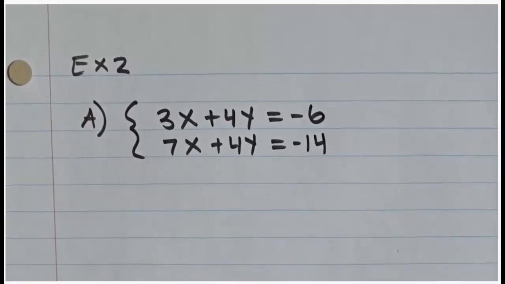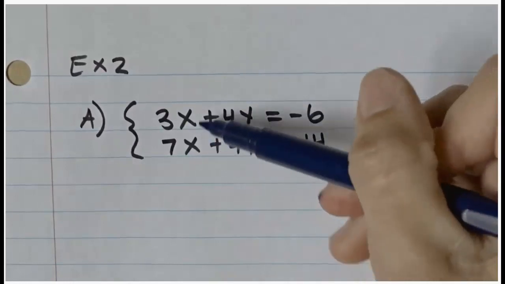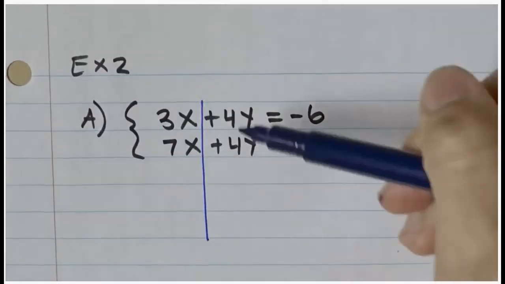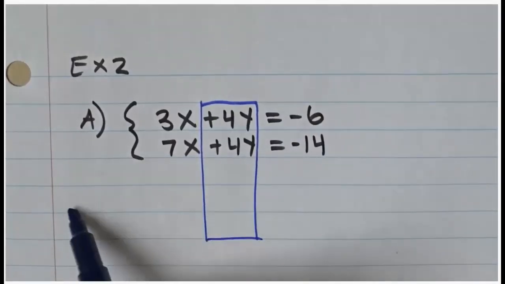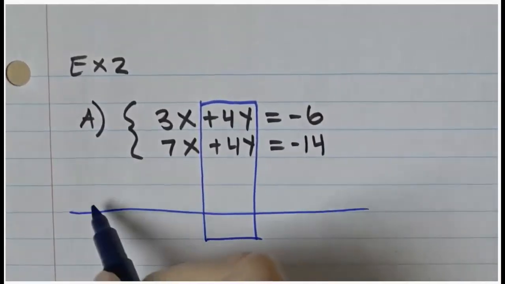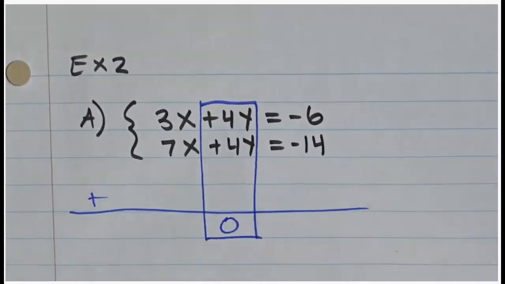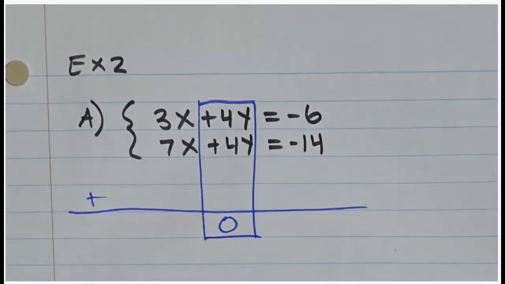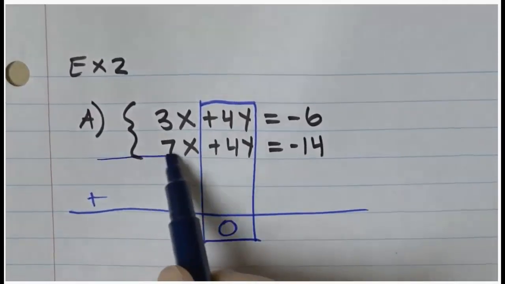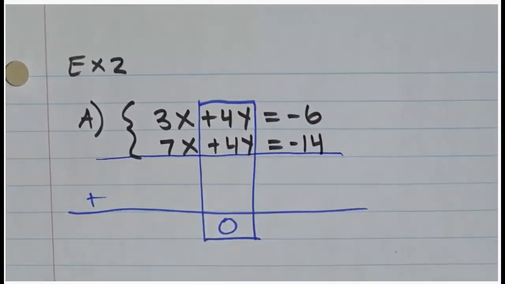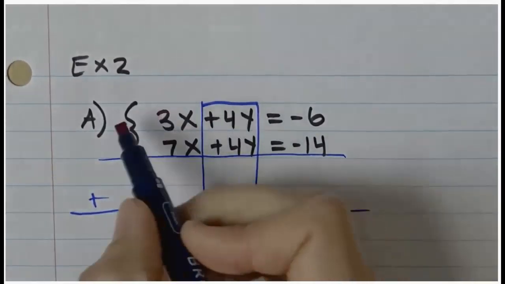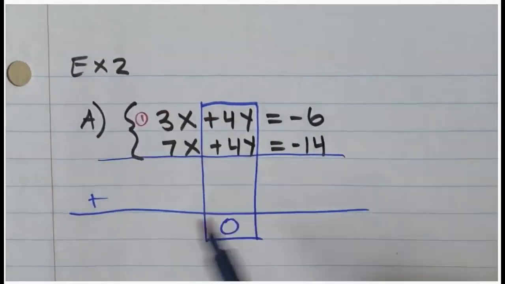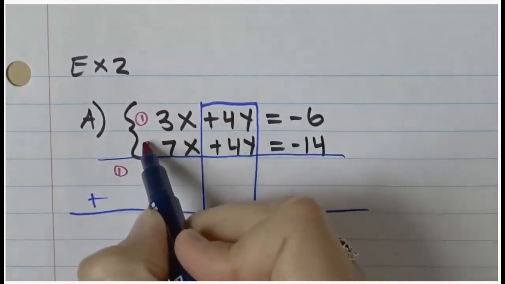And to solve that problem, I say we have to make a wish. And I'll show you what I mean. I'm going to say that I wish this was a 0. Okay? I wish I had a 0 there. Now, but I don't. Now, I need to make that wish come true. So how do I do that? Well, let's identify this as equation 1. And this will be equation 2.